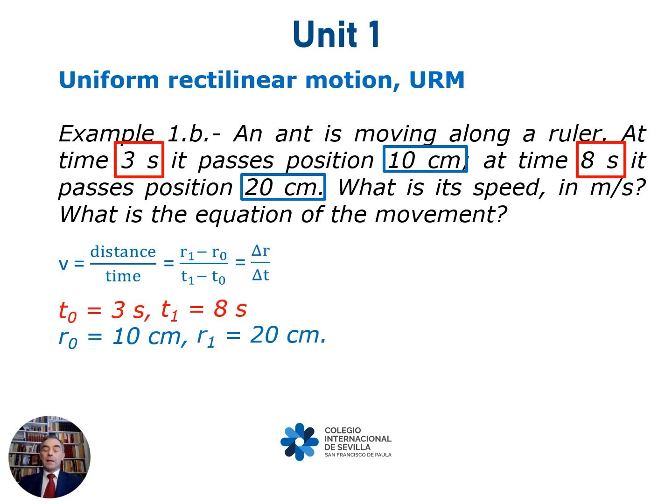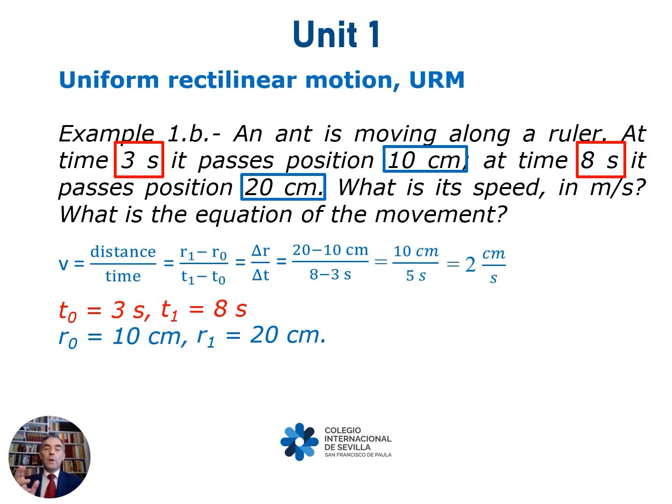We can calculate the difference between the positions and the difference between the times. That is 20 minus 10 centimeters, and it's 8 minus 3 seconds. So it is 10 centimeters in 5 seconds, which is obviously 2 centimeters per second. But remember, we were asked to give that speed in meters per second. So we need to get rid of the centimeters and we need to insert the meters.